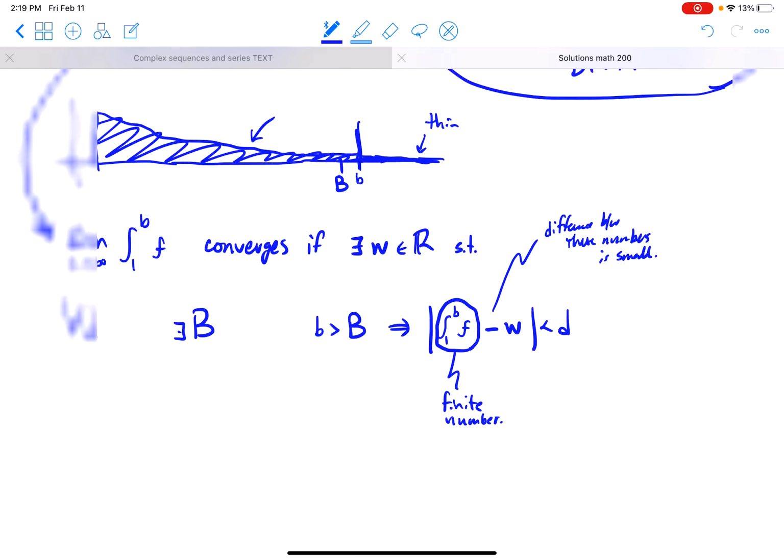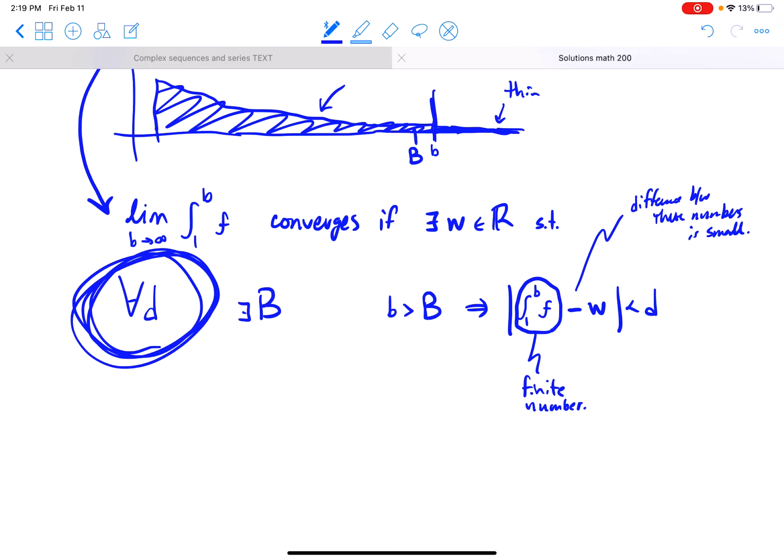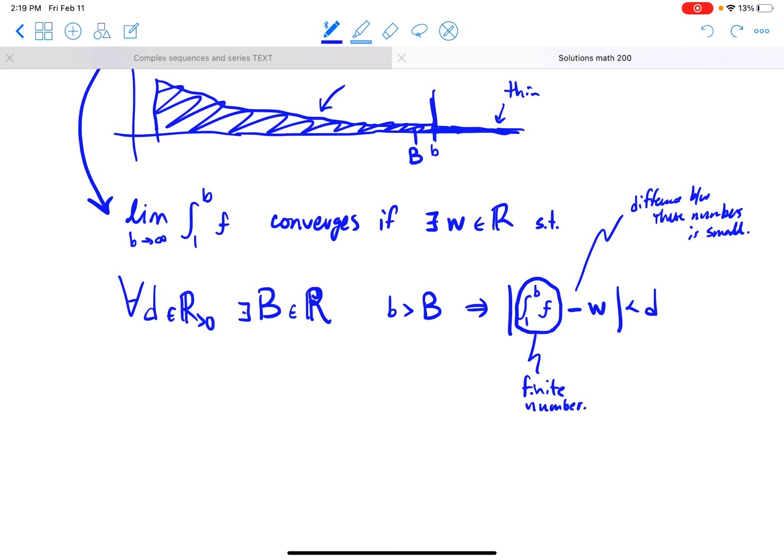In fact, it is as small as you like, because we require that this holds for all small positive real numbers. There exists a bound, some cutoff real number, such that if we integrate to some little b past that cutoff, then this implies that we're within d of the number w.